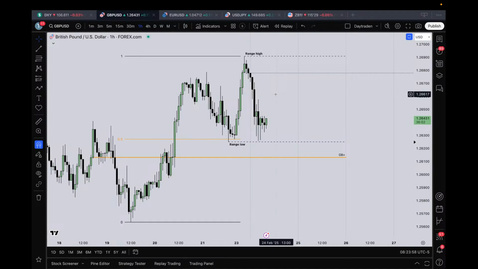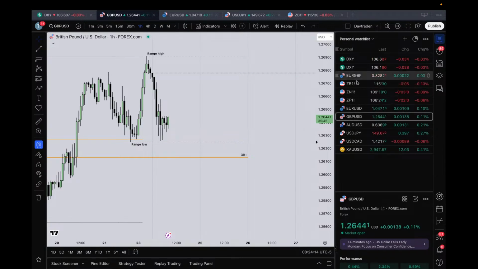You only trade EU and GU in the London and New York kill zone? Not only, it is true that I mainly trade dollar pairs, so majors overall. I can go over this, this is the watch list that I have.